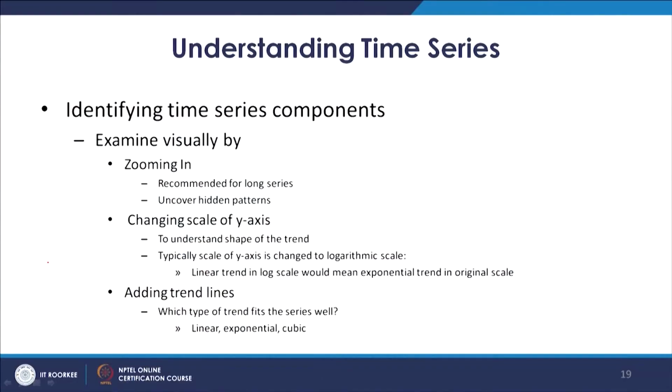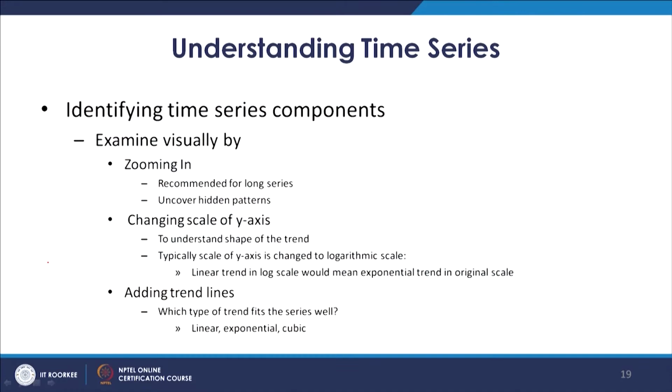Then let us move forward. The next thing that we can do to visually inspect the time series is adding trend lines. Which type of trend fits the series well? We can add some trend lines in the time plot itself. For example, typically we expect the trends to be linear, exponential or cubic.